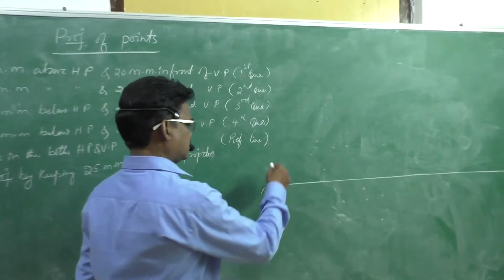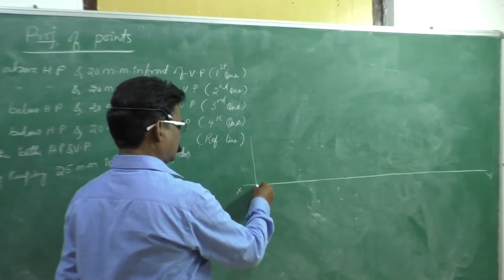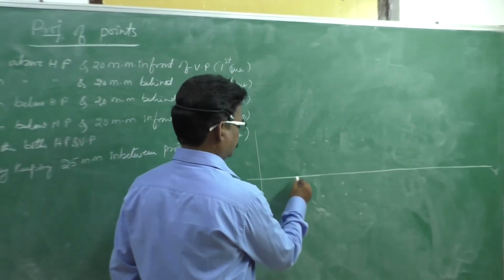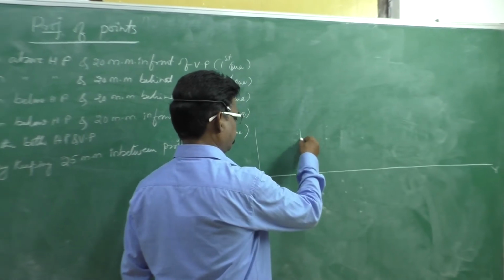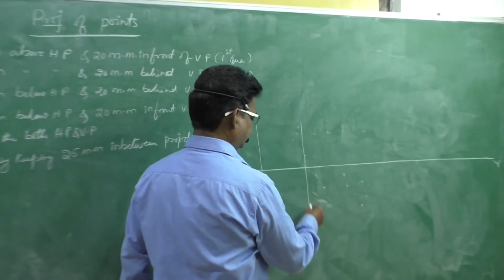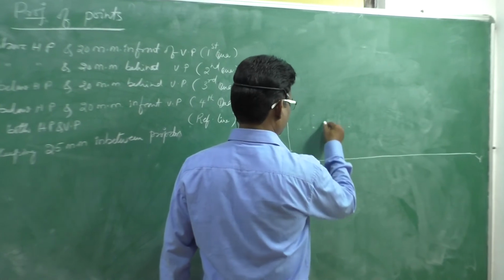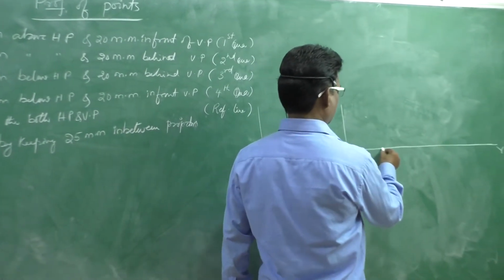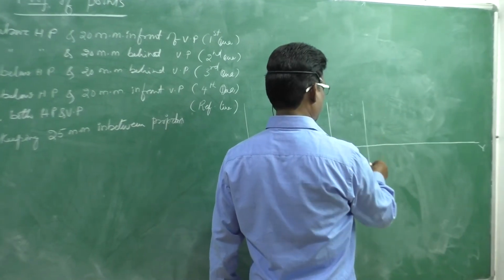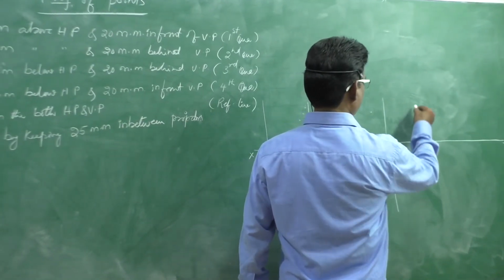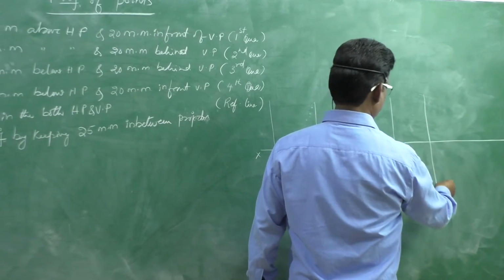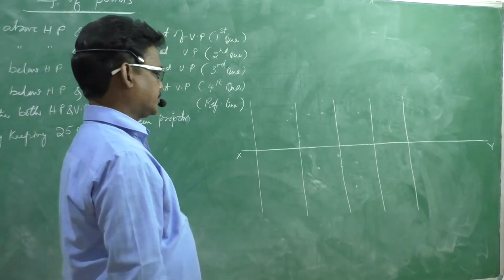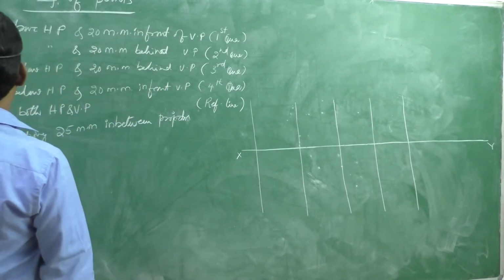That means, suppose this is one projection line. From here we need to keep 25 mm, another projection line. By keeping 25 mm, another projection line. By keeping 25 mm, another projection line. And by keeping 25 mm, another projection line. Okay? 5 cases. Consider first case.